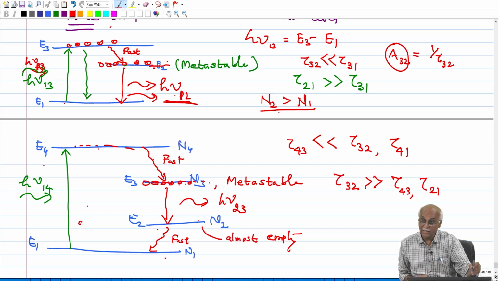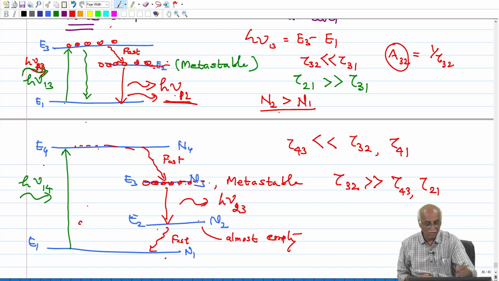Remember, the frequency for pumping is different from the amplification which we are seeing here, that is why I changed the color. Frequency is large for green, while what you will get is a lower frequency, the energy gap decreases, so the frequency will decrease. Is it okay? Are you clear?